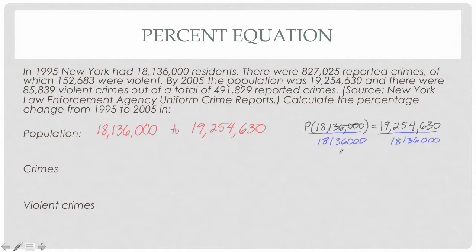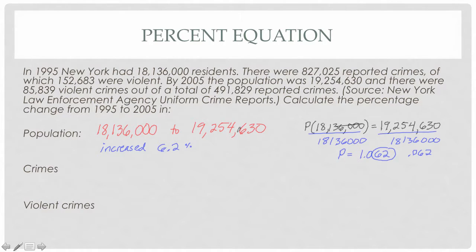And we get p equals 1.06. It goes on and on, but I'm going to round it to the nearest hundredth. What that means is the population increased by 0.062, which if I multiply by 100 is 6.2%.